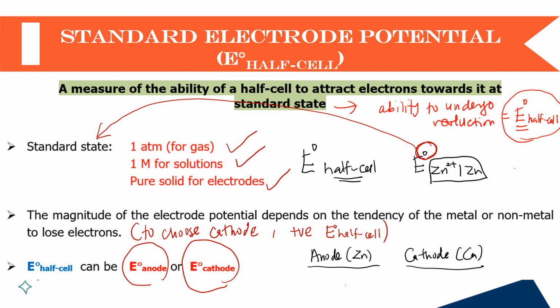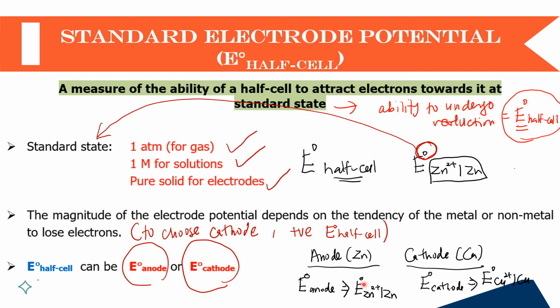What we have here is E0 anode written as E0 zinc 2 plus zinc, and E0 cathode written as E0 Cu2 plus Cu. The way you write this is the same as the way you take the value from the SRP table.